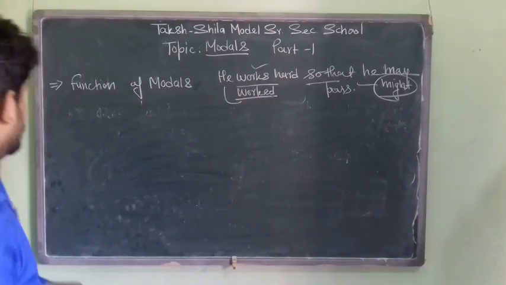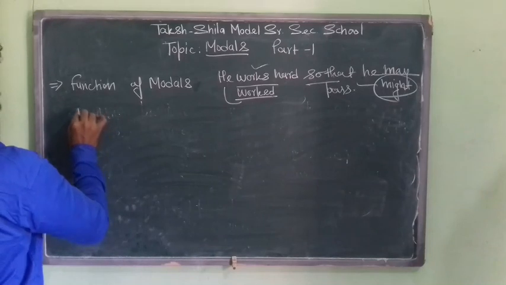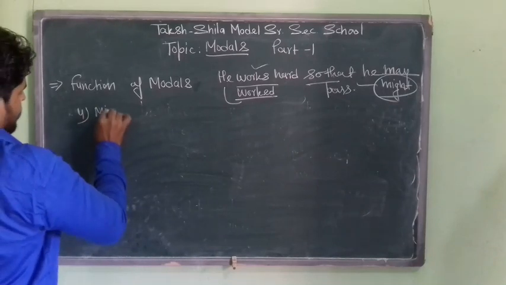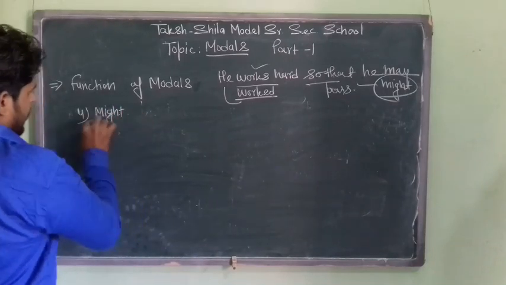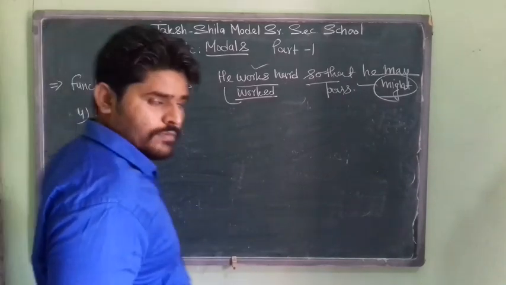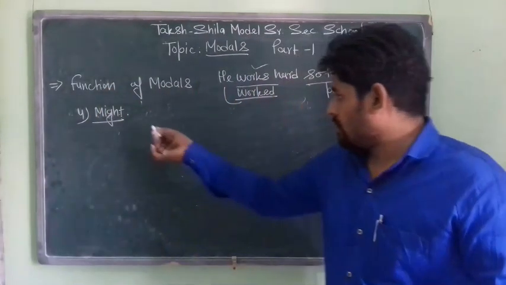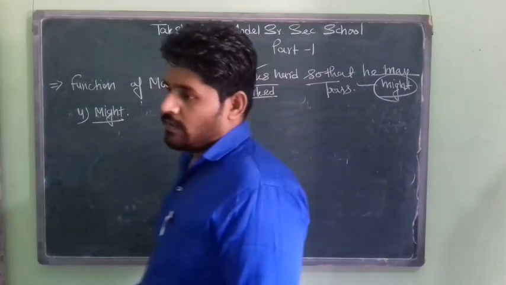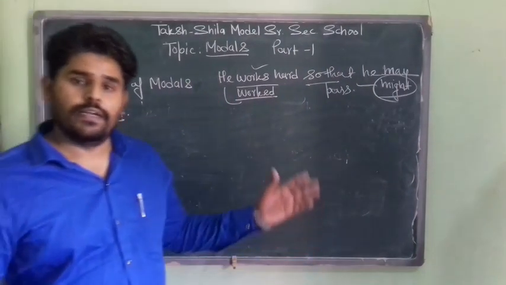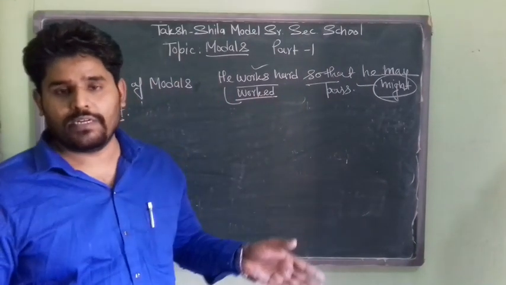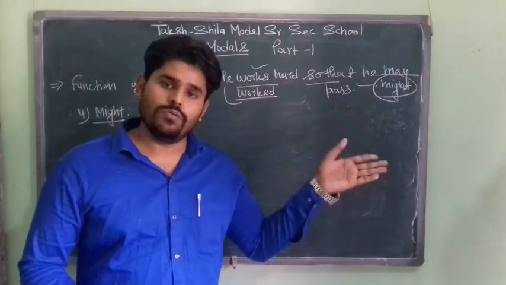So students, here we have the fourth modal, that is might. Though I have already discussed a few points about might. First one is possibility. It expresses remote possibility, less possibility in comparison to may.